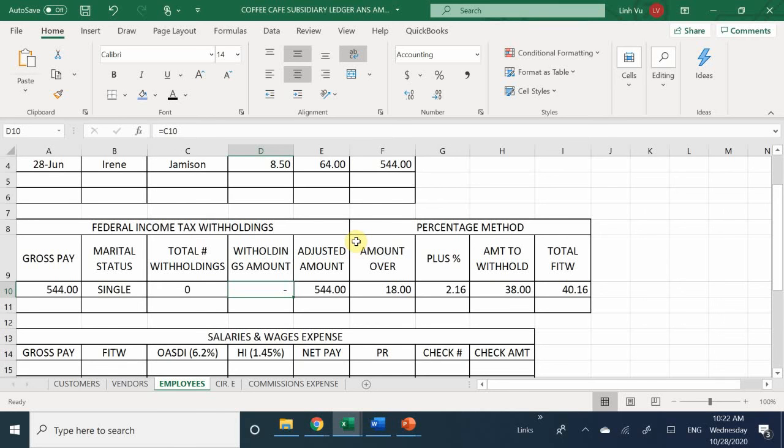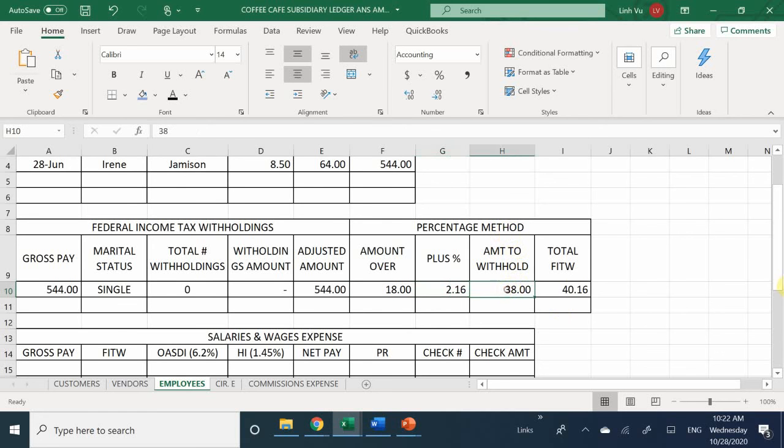Once we've done that, we calculate how much excess money she's going to be hit with the 12% tax, which is the 544 minus the 526 that the government allows you to keep. So the excess is going to be $18. Here we multiply the 12% by the $18 to get $2.16.